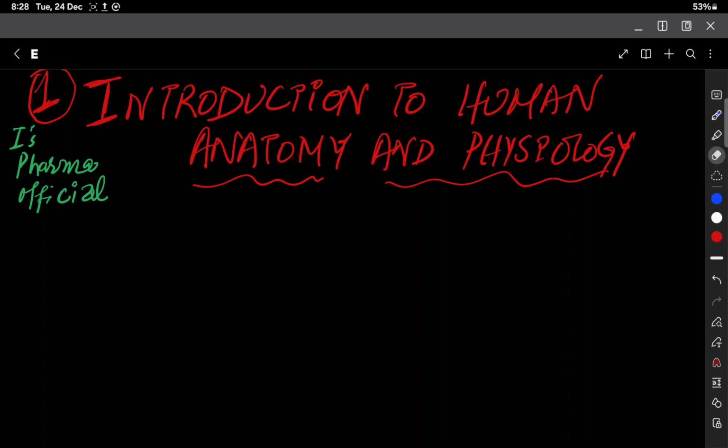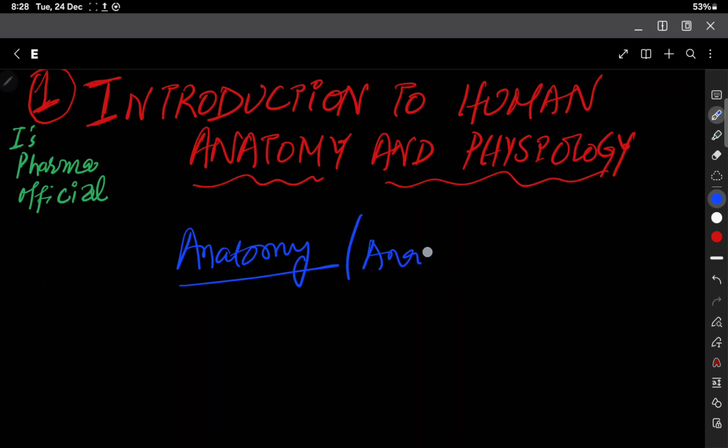So we will start with the basic terms. The first is what anatomy is. So we will start with the anatomy. Anatomy, basically, is made up of two words. One is ana, which means up, and the second one is tomy, which means the process of cutting.